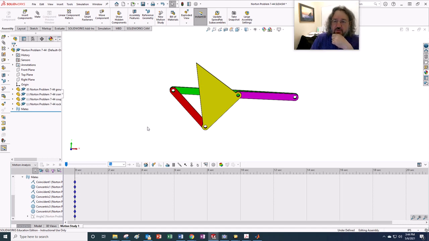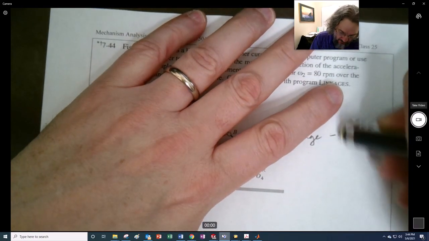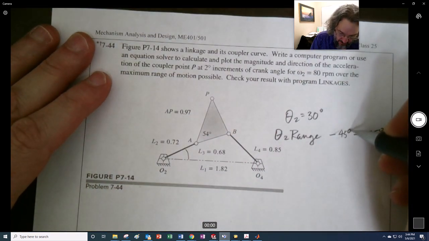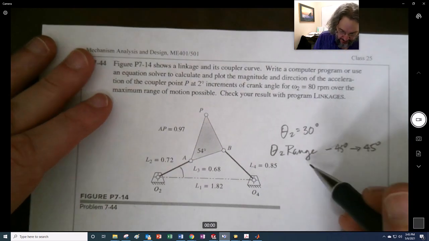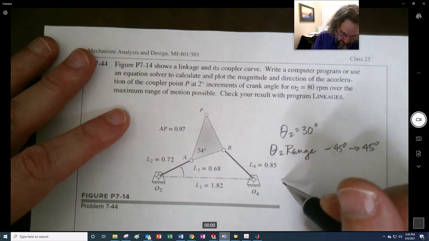And we have to think about our condition here, right? So we're going to go now from negative 45 to 45 because that's a nice symmetrical thing. So obviously that's 90 degrees total. We know that we're going to go 80 RPM, right?